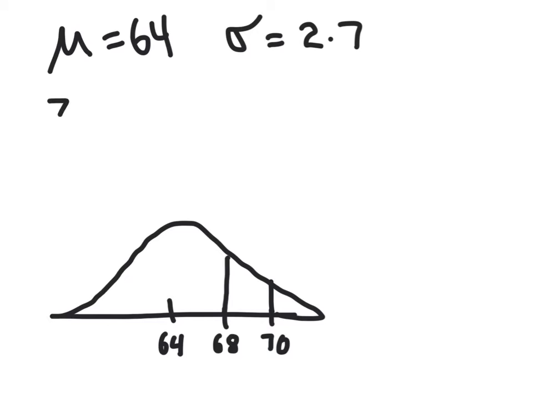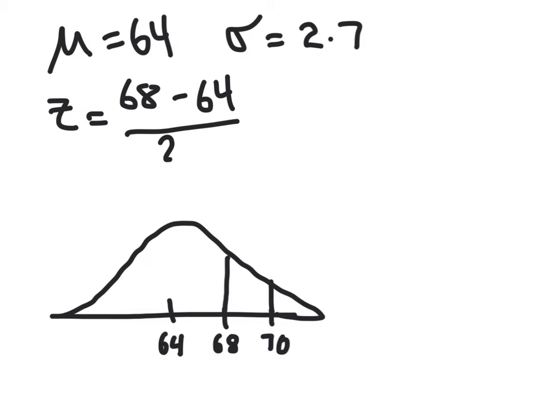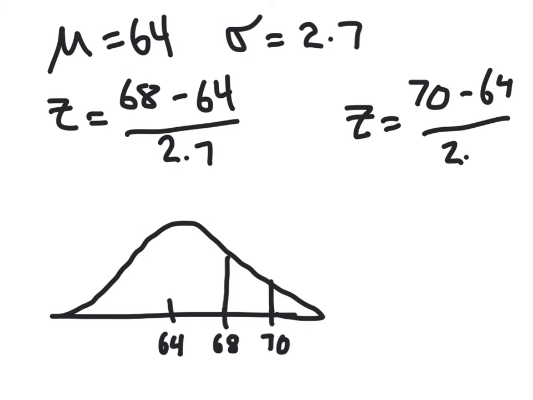Okay, let's do that. The z-score for this situation would be, we go with 68 inches minus your mean, divided by the standard deviation, 2.7. And we'd also do the same thing for 70 inches. So 70 minus 64 divided by 2.7.